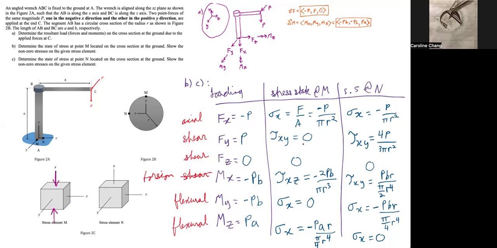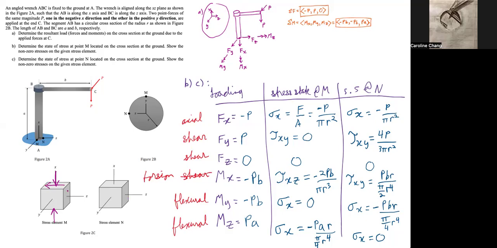Tau xy is shear stress on the x face in the y direction. And actually we don't have that, it's equal to 0. We only have tau on the x face in the z direction, which is pointing to the left since the shear stress is negative, and the z-axis is defined as positive to the right.